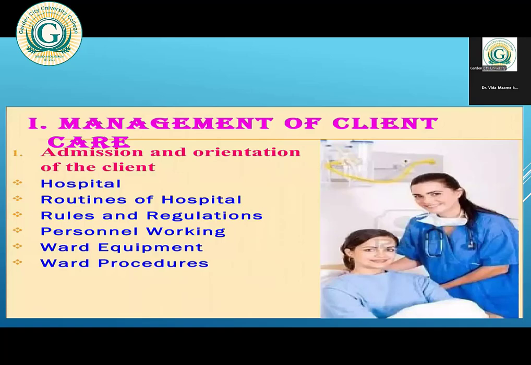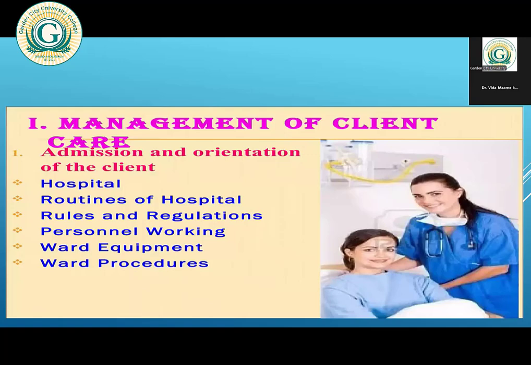So number 1 is what? As I said, the client, admission and orientation of the clients. So with admission and orientation of the clients, that is the routines of the hospital, rules and regulations, personnel working, ward equipment, and ward procedures.